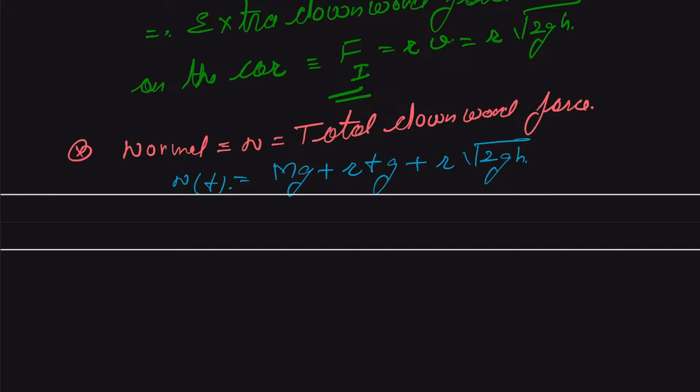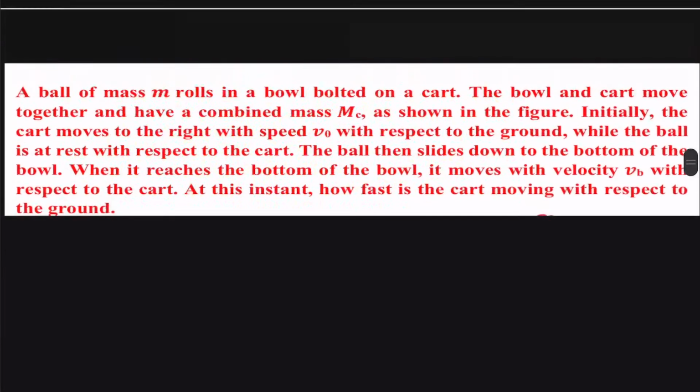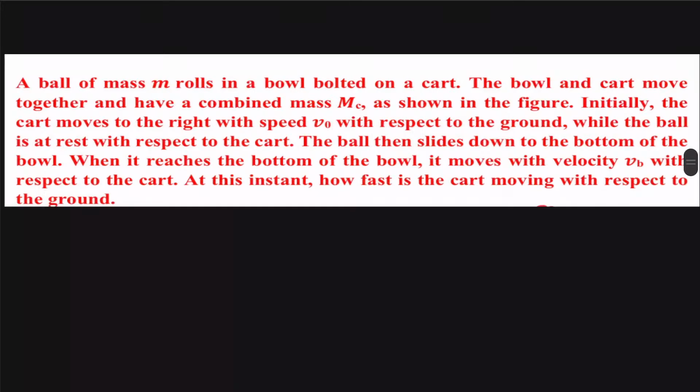And now we come to our third question. This third question states that a ball of mass m rolls in a bowl bolted on a cart. The bowl and the cart move together and have a combined mass mc as shown in the figure.